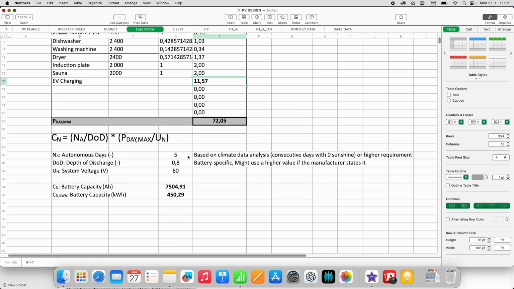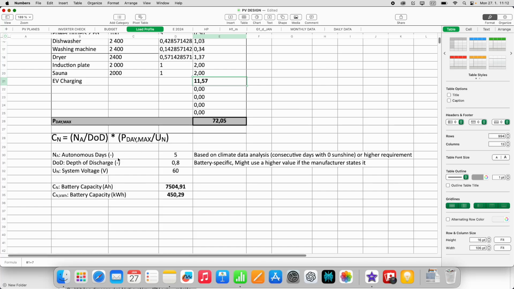Pretty much you're going to want to look into the winter months, at least in this climate, where there's the least amount of sunshine and the highest energy consumption, which is probably going to be somewhere between December, January, February, things like that. And so you need to really look into the data.